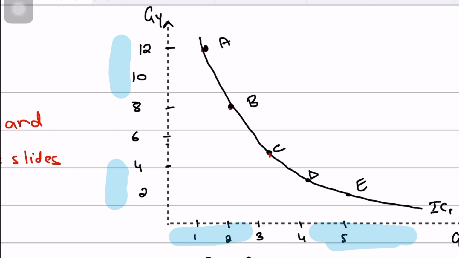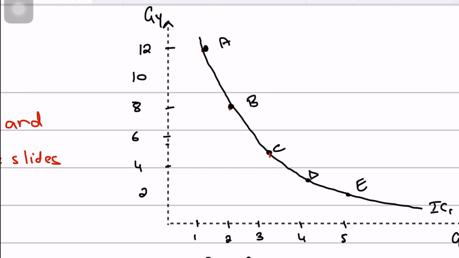Because the difference in these quantities results in differences in how people value good X and good Y. And it follows that at the top of the indifference curve, where the consumer has more of good Y and less of good X, they are willing to give up a relatively large amount of good Y just to gain an additional unit of good X, because obviously X is scarce and is therefore more valuable to them.